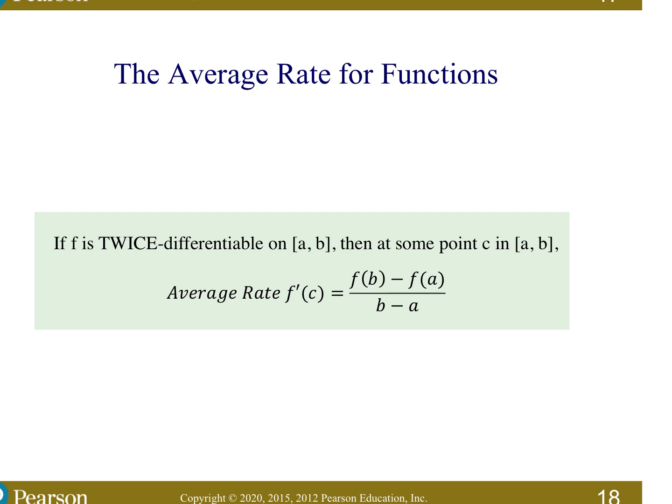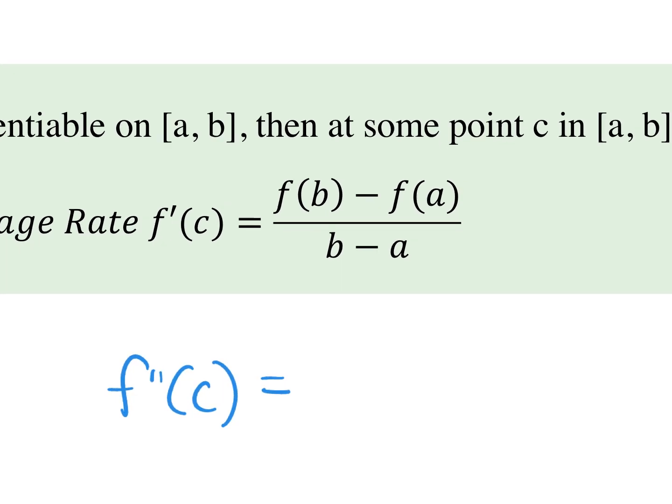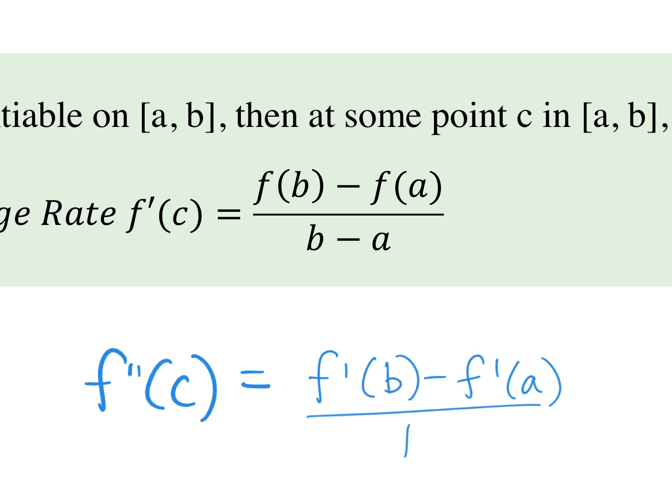So I would say it also is true that the f double prime of c would be equal to, so everywhere there's a prime, I add another level of a prime. Because there was f prime of c, I'm adding a double prime. And then everywhere on the other side, where there's the function, I'm adding a prime. So it would be f prime of b minus f prime of a over b minus a. There's no primes to add there because there's no function value.